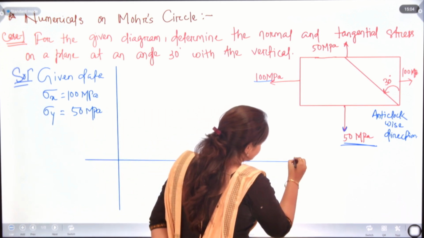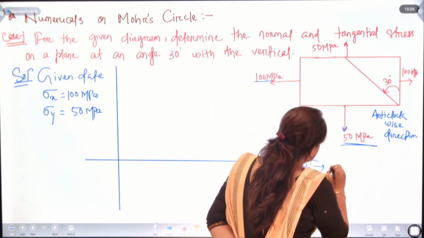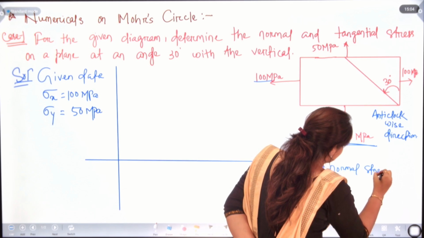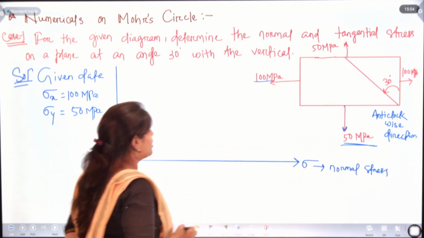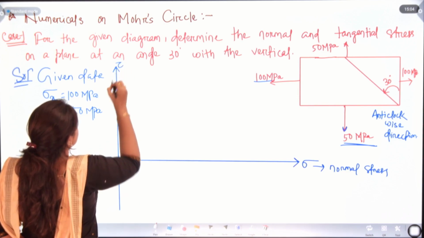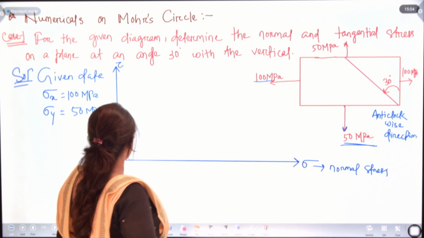So, this is your normal stress axis, and the y axis represents shear stress, that is tau. Okay. So, first what do we need to draw?